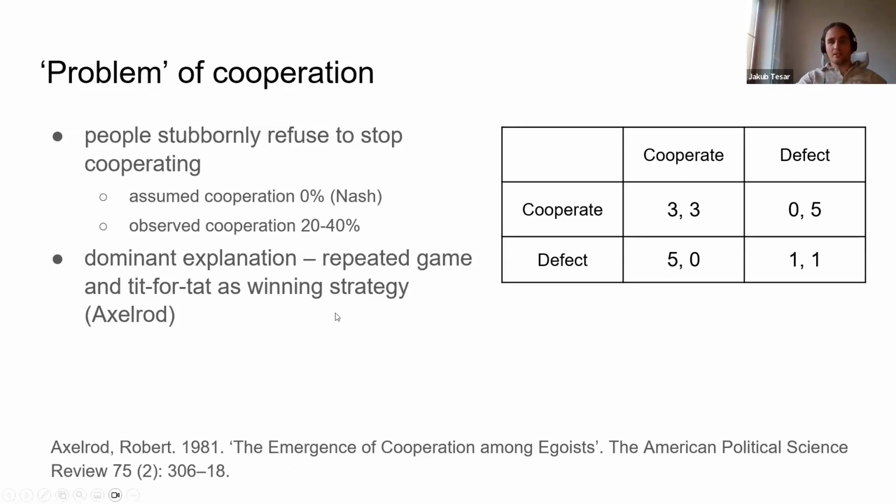This strategy says that the player should cooperate in the first round and see what the opponent will do. If it meets a cooperative strategy, it continues to cooperate, but whenever it is defected against, in the next round it will defect back. So it's like revenge for what happened in the previous round of the game.